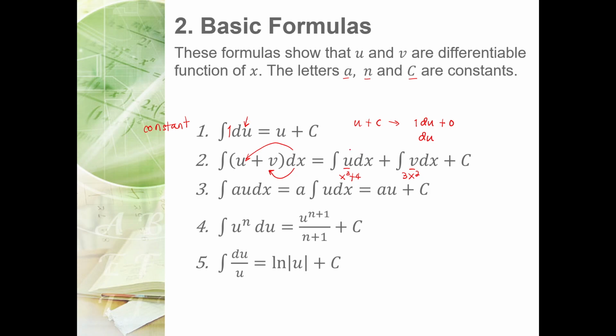Take note that since we have two integrals present now, the first integral will generate one constant, let's say c1, and the second integral will create a second constant. But since both are constants, you can just group them together into one big constant.